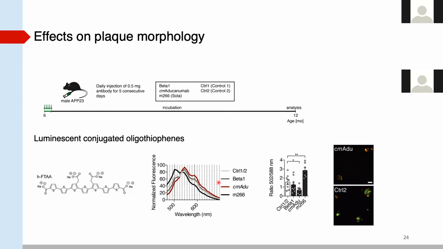This becomes more pronounced when we calculated the ratio between these 2 emission peaks, 502 and 588. Here you can see that both ADO and M266 shifted the spectral signature significantly. So it seems that ADO treatment shifts the spectrum more toward diffuse plaques and M266 toward more dense plaques.